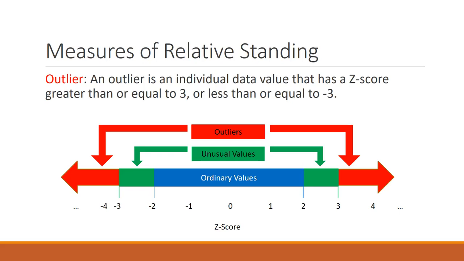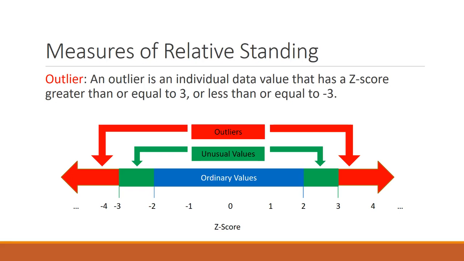This is called an outlier. So this z-score communicates to us how extreme a value is. Is it really likely or is it really unlikely? And it does it in units of standard deviations. That's one important pillar or foundation in this lecture: a measure of relative standing. How extreme is a value?